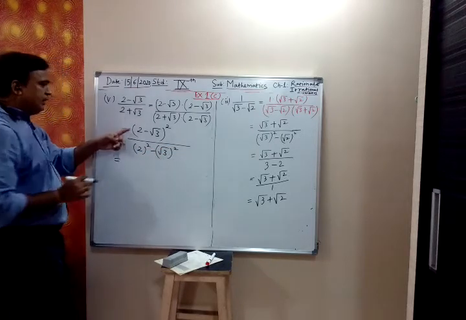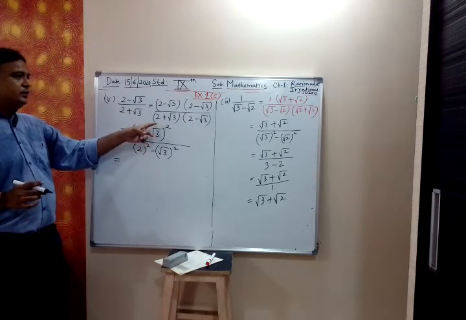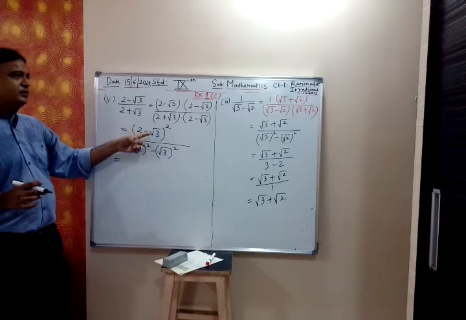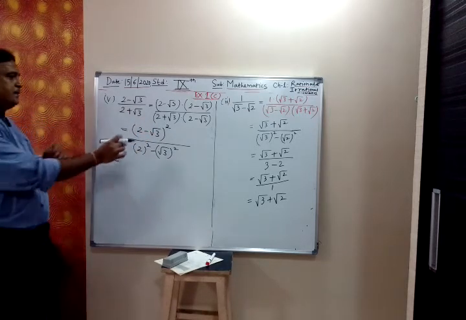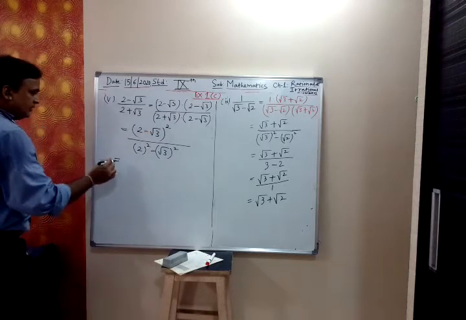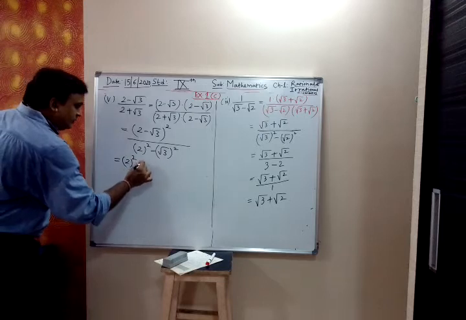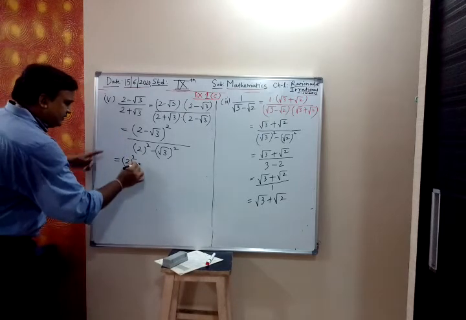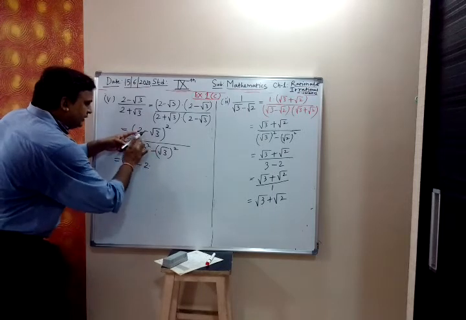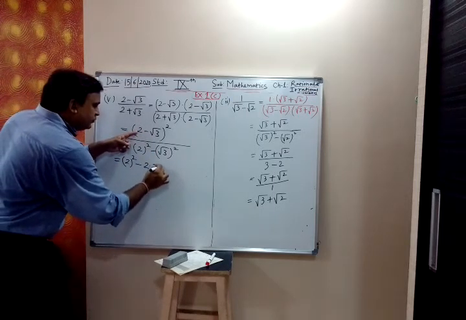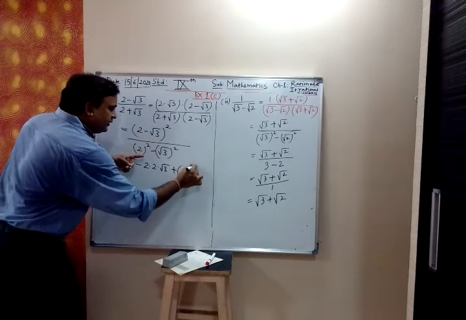Now in the numerator, we have (A minus B) whole square. So we use the formula (A minus B) whole square is A square minus 2AB plus B square. So that will be 2 square minus 2 into A into B, where A is 2 and B is root 3, plus B square, root 3 square.